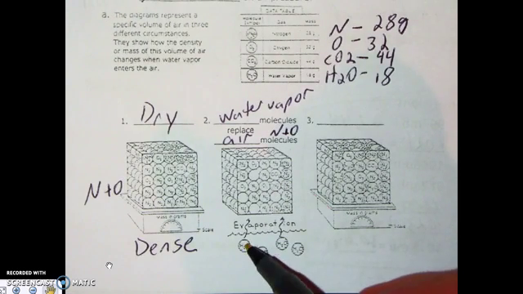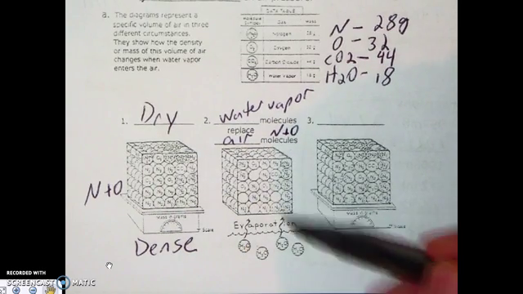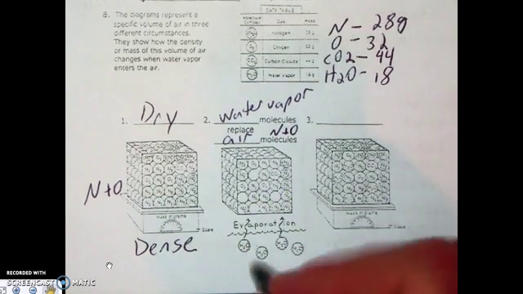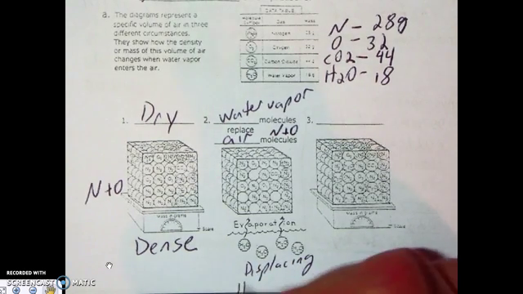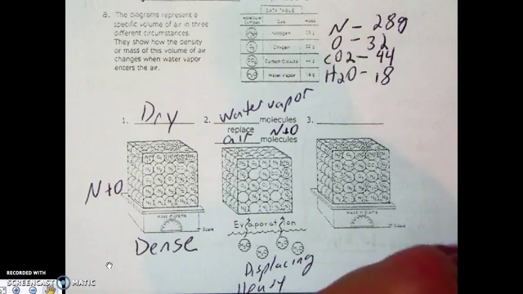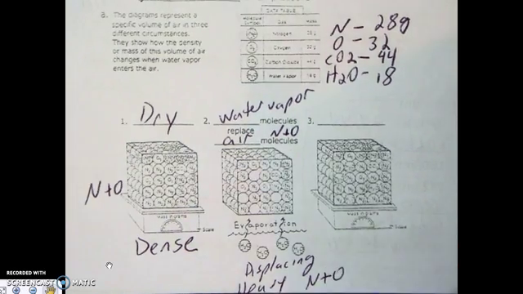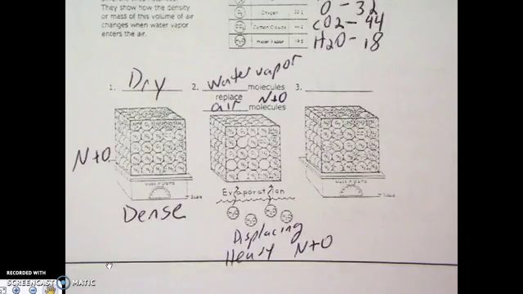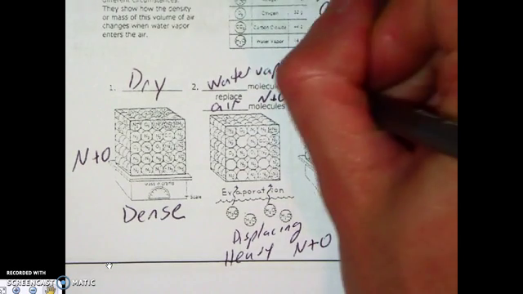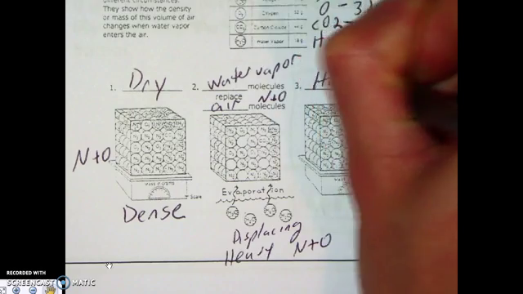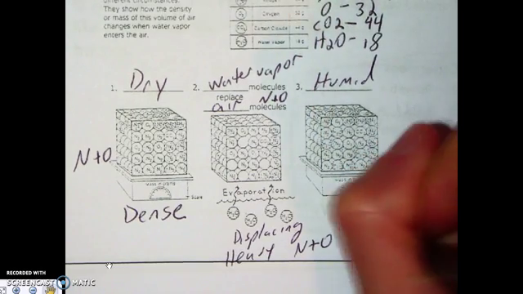So when we introduce some water vapor through evaporation, we're displacing heavy nitrogen and oxygen out of the way. And that has an overall effect of making the air lighter. So humid air is actually less dense.